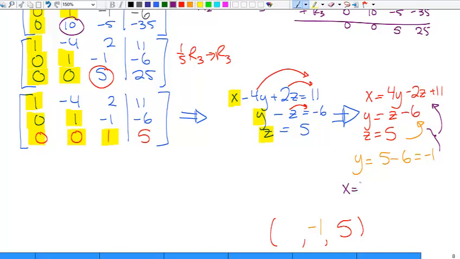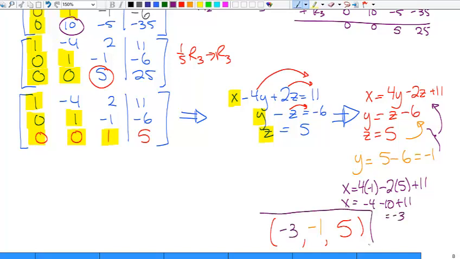So the x equation says x equals 4 times y, but my y is negative 1, minus 2 times z, but z is 5, plus 11. So that's negative 4 minus 10, which is negative 14, plus 11, which turns out to be negative 3.